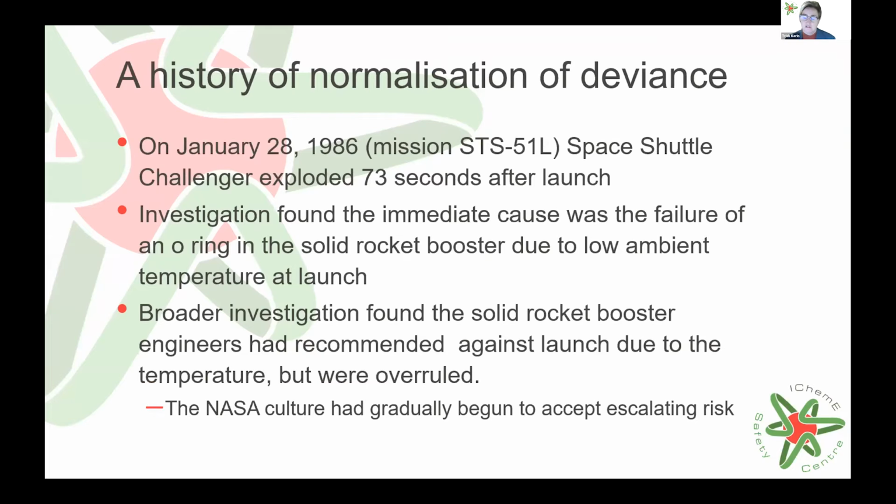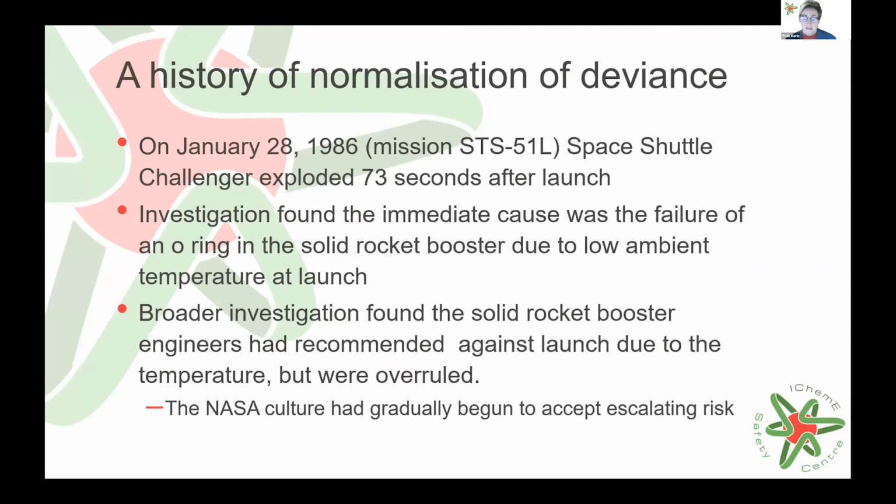If we look at the history of normalization that we have, as I said, there were previous incidents, but the one that they are most known for prior to Columbia was the Challenger space shuttle. In this instance, the Challenger space shuttle disintegrated on launch. And that was because, again, normalization of deviance occurred with an O-ring problem in their solid rocket boosters.